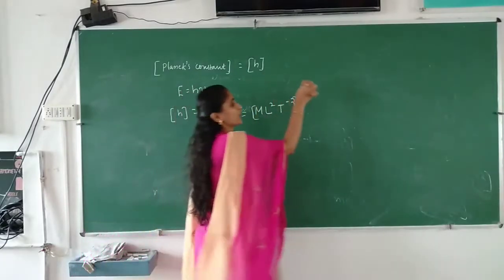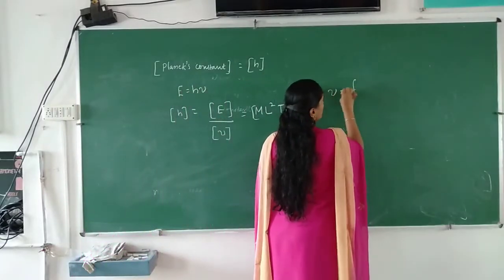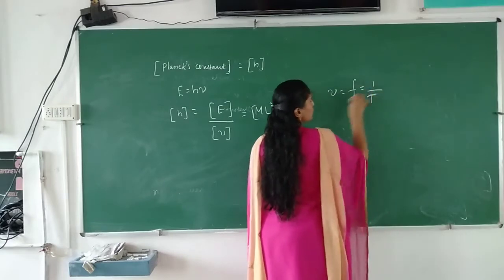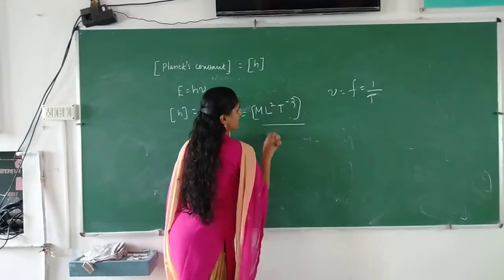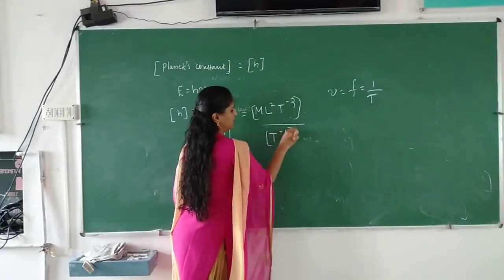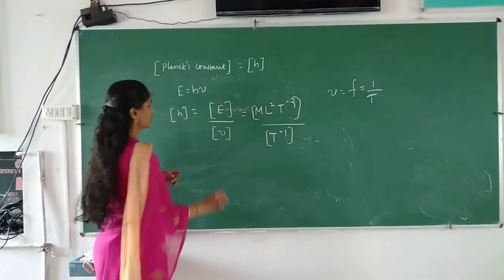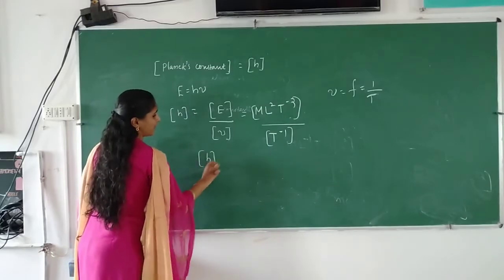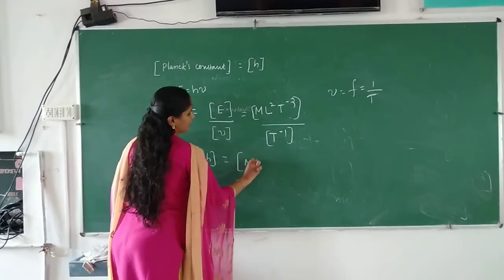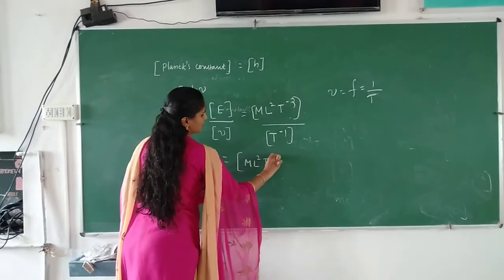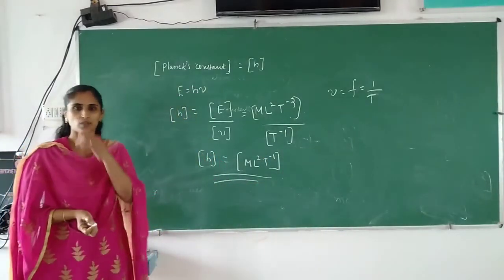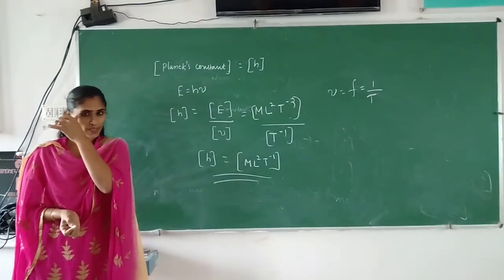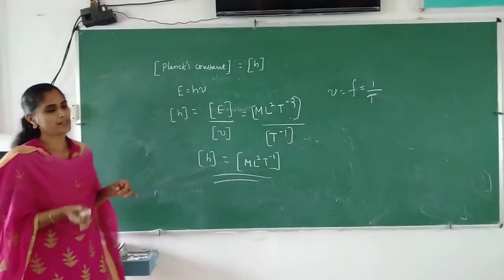Nu is the frequency, no. Nu is equal to frequency is equal to 1 by T. So the dimension of nu can be written as T^-1. Okay, so you will get the dimension of H as M L^2 T^-1. Dimension of Planck's constant is given by M L^2 T^-1.